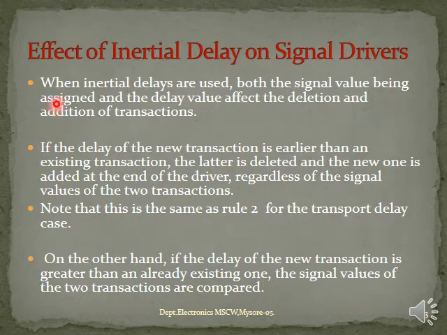When inertial delay is used, both the signal value being assigned and the delay value affect the deletion and addition of the transaction. You should know which is called the signal value and which is called the delay. In the example, a signal assignment statement 11 after 20 nanoseconds: here 11 is called the signal value and 20 nanoseconds is called the delay.